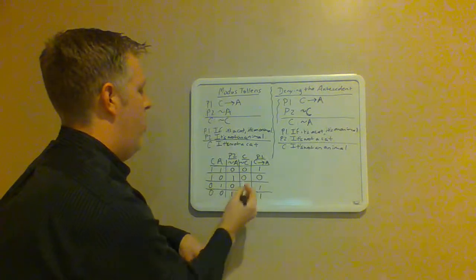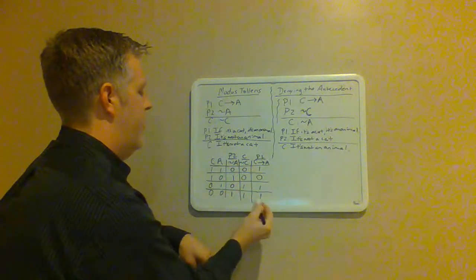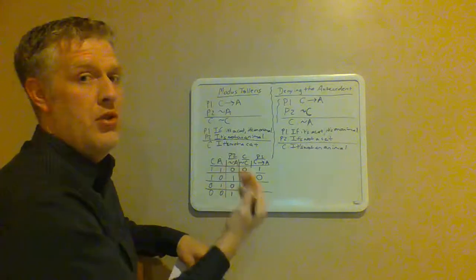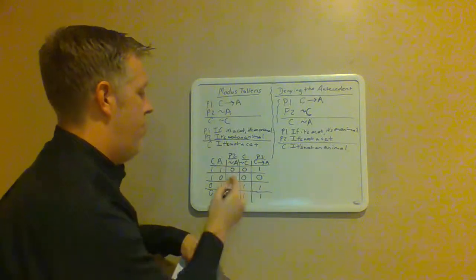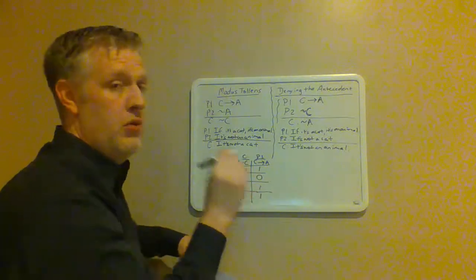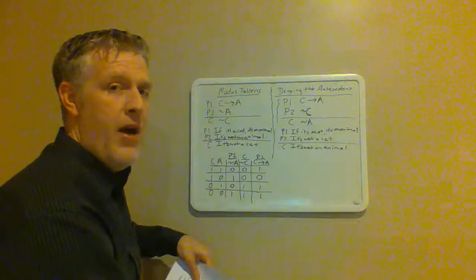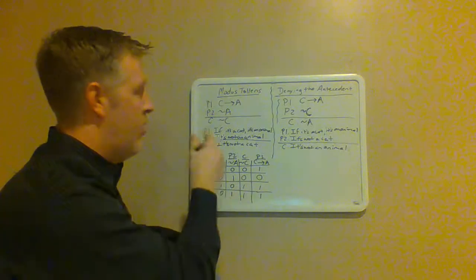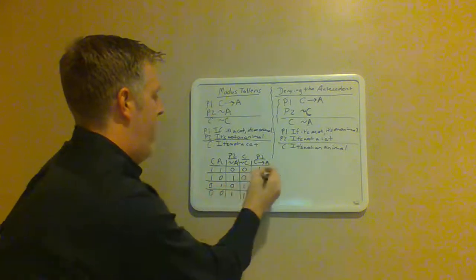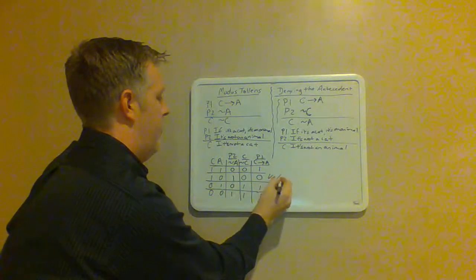We only have one row where both premises are true. It's the last row. And in that one row, the conclusion also turns out to be true. So we didn't find a single row where the premises were both true and the conclusion was false, which is what we need to find to determine that the argument's invalid. Since we didn't find such a row, we know that that argument is valid.